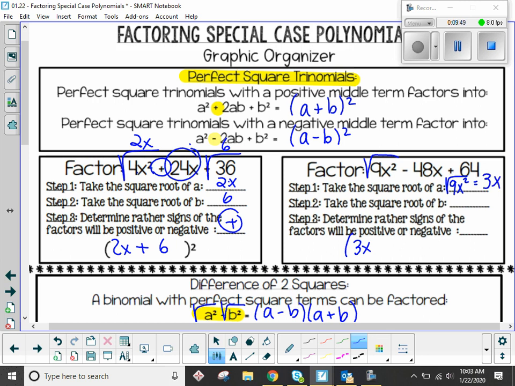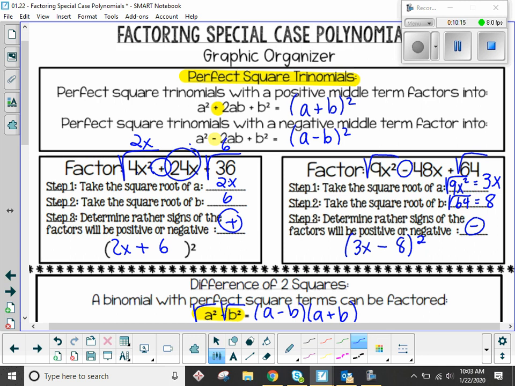And to find b, you square root that last term, the 64. And you have 8. So that goes in the b spot of the formula. And it's a minus because this problem had a minus right here. So our answer has to have a minus. And then a squared. That's exactly right.